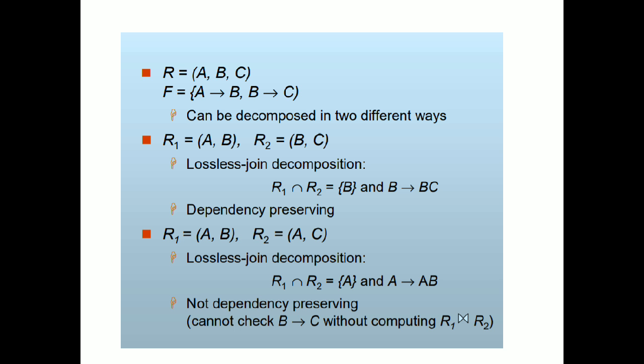So R1 intersection R2 is equal to B and B gives BC, because A and B are in one table and B and C are in another table. But here the functional dependency is A to B and B to C. So from these two relations we can say that B can uniquely identify the attributes B and C.